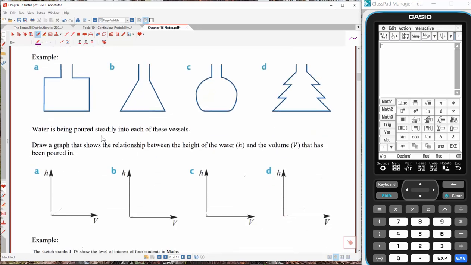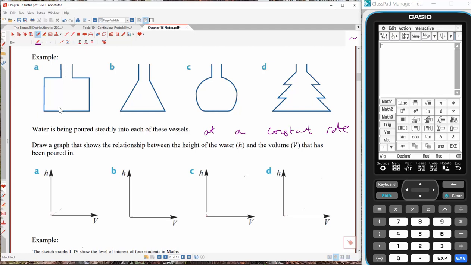The example is water's being poured steadily into each of these vessels. So what I've got is like a hose or something like that, and I'm pouring water into these vessels at a constant rate. So I turn the tap on and I don't vary the speed that the water's coming out at.